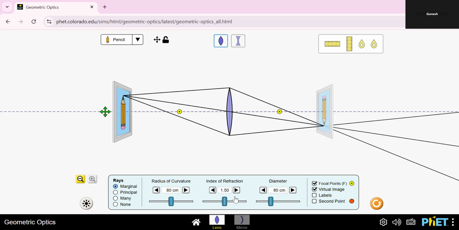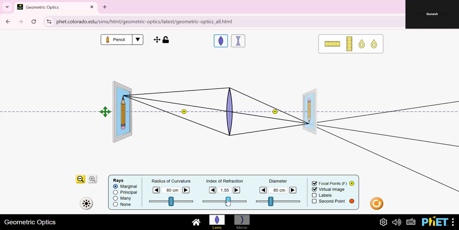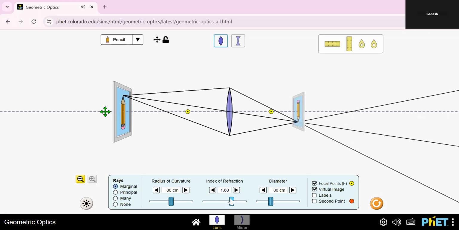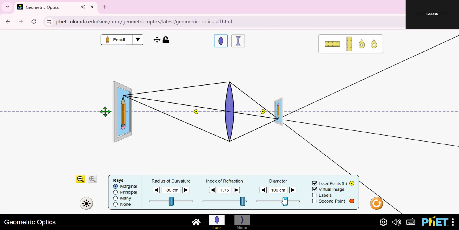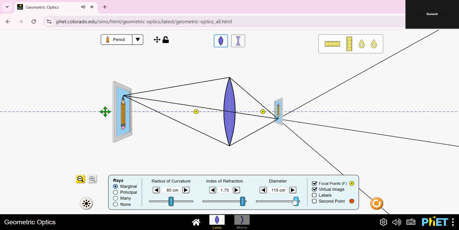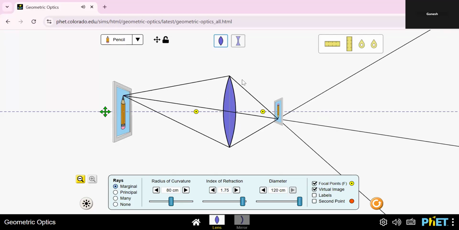And then the index of refraction, just I move. Index of refraction means here how the image sizes differ for the convex lens. And then diameter means the size of the lens is adjusted. When I increase the diameter, the size of the lens is increased.